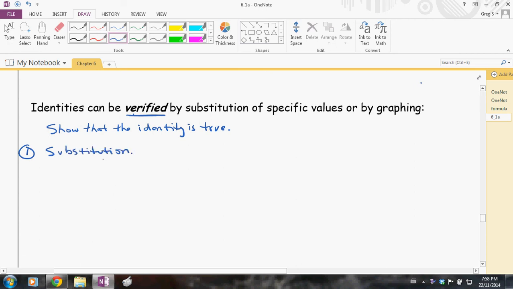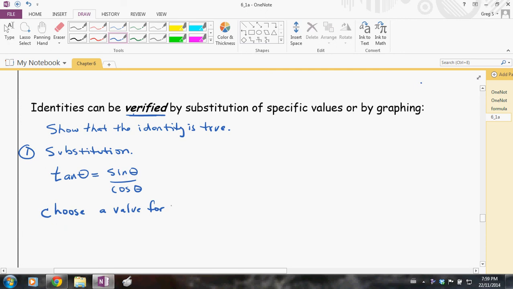So let's take tan theta is equal to sine theta over cos theta. How could we verify that? Well, we could use substitution, and what we can do is choose a value for our variable, in this case, although it's not an x, it's a theta.